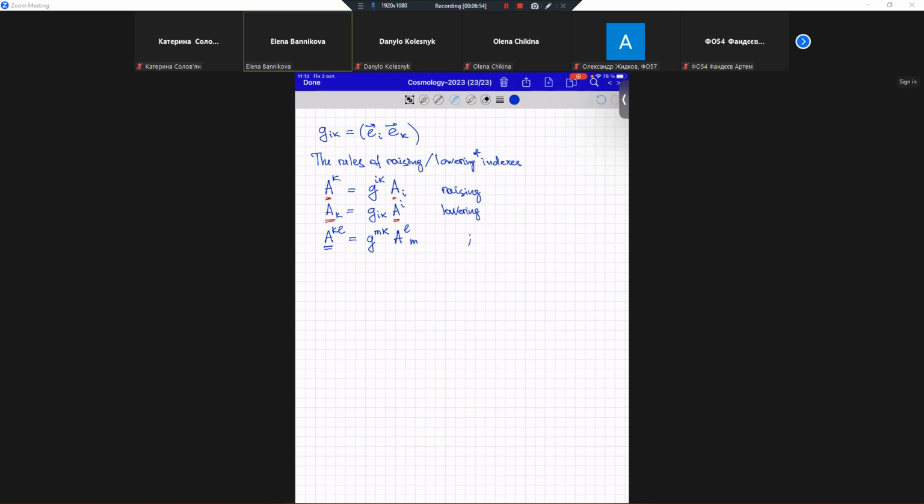So, for example, from this tensor A I want to keep the same index on the left, for example l, and multiply by g_mk, and on the left I will have A_kl. So I made a covariant tensor from a mixed tensor.